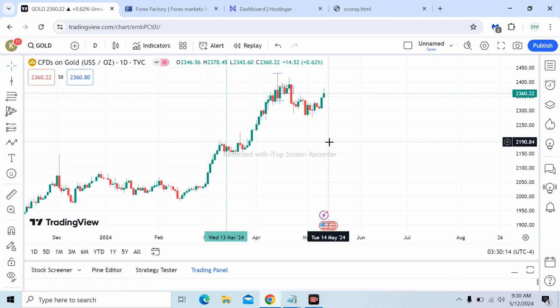Then we come to our daily time frame, and we can see that is the close on Friday the 10th. We can see in our daily there has been a bullish reaction here, and with this candle we can see a retracement happening. This green wick is showing us a retracement.